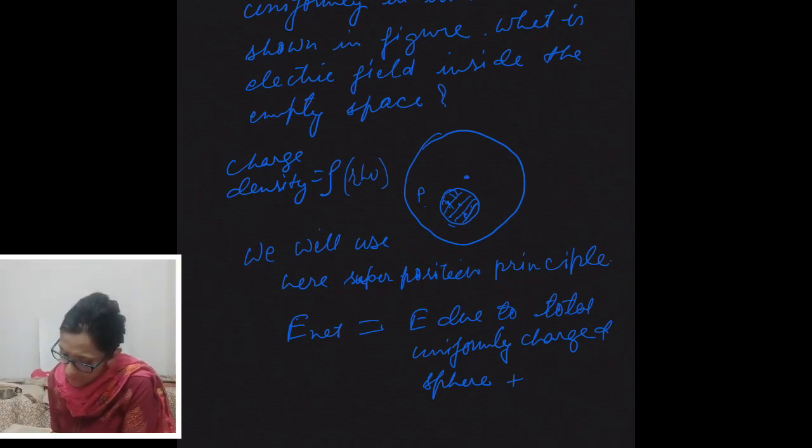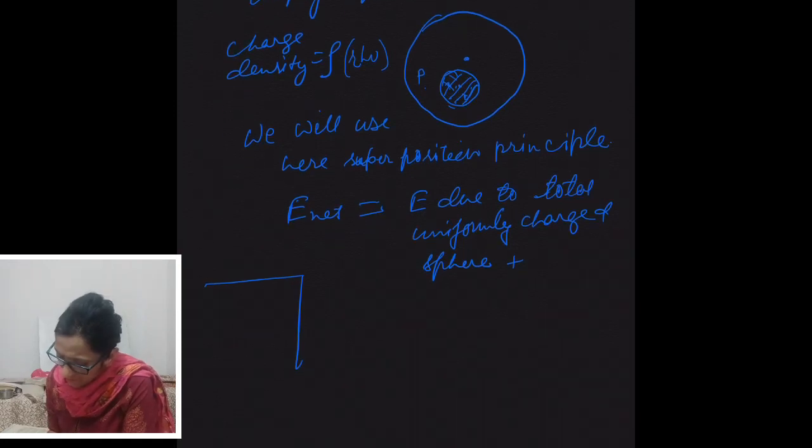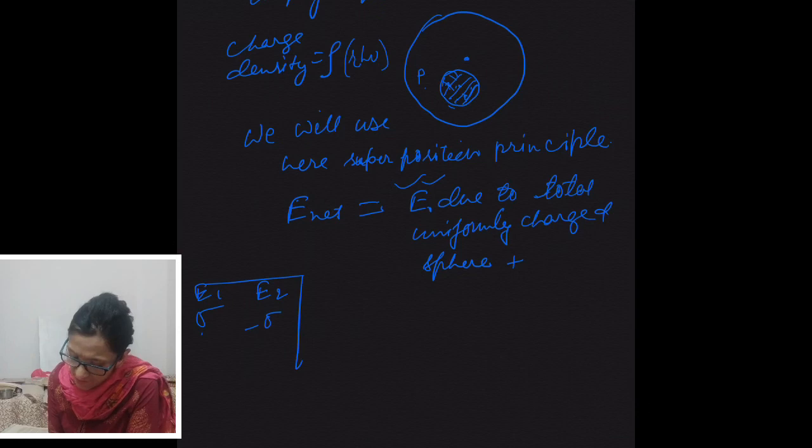And since I have taken charges here also, means plus charge over here, so I will take plus E due to negative charge density over here. Here I have assumed that charges are there. Firstly, you will take positive charge density in this very case, in case of E1.